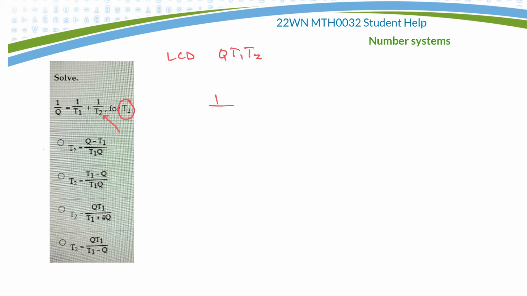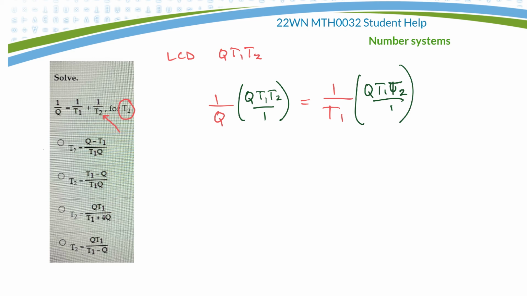So let's write our expression. So I have 1 over Q, and I'm going to multiply that by Q T1 T2, and you can say that's over 1, okay, is equal to 1 over T1, and we're multiplying that by Q T1 T2 over 1, okay, plus 1 over T2, and again I'm multiplying that by Q T1 T2 over 1.